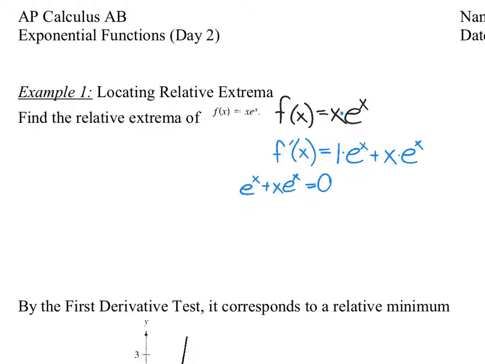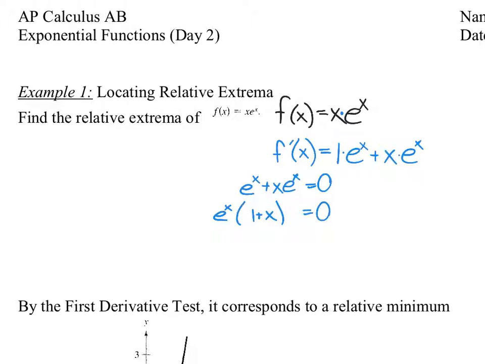Okay, how are we solving that? Factor. I see an e to the x they have in common. When does e to the x equal 0? Never. What's the range of the exponential function? Greater than 0.